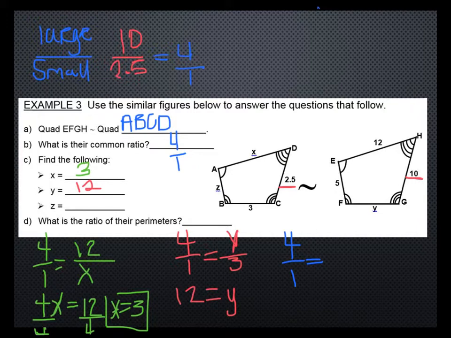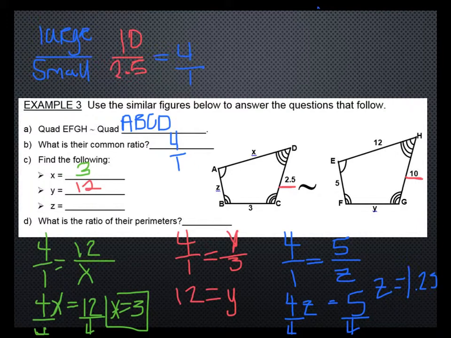So 4 over 1 should be equal to our large side, which is 5, over our small side, which is z. 4 times z is 4z. 1 times 5 is 5. We would divide both sides by 4. So we have z is equal to 1.25.